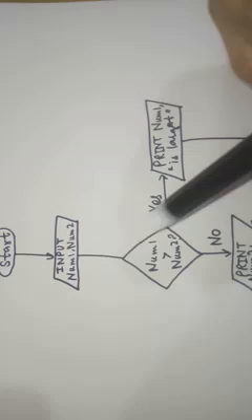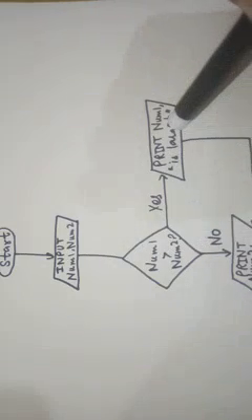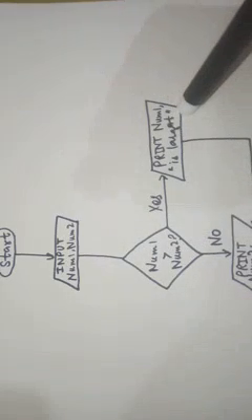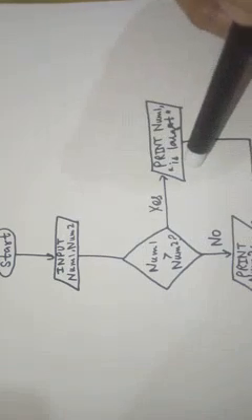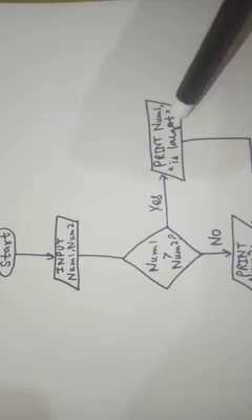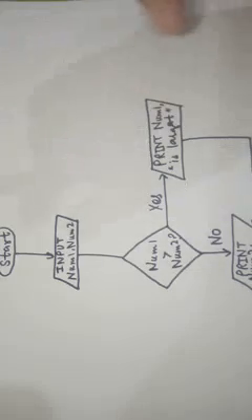That diamond shape will be used for the condition. So, is num1 greater than num2? If the condition is true, then we will print num1 is largest. That shape represents the data input or output, right?